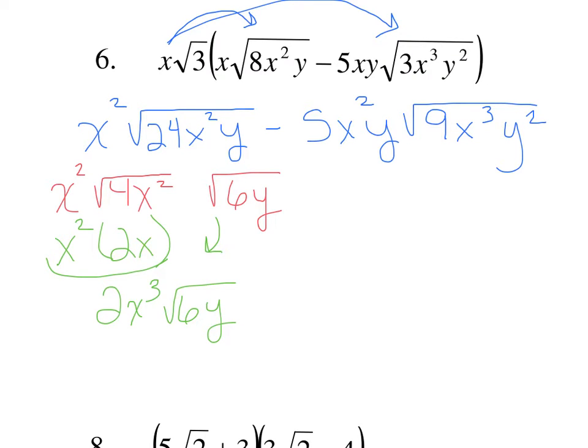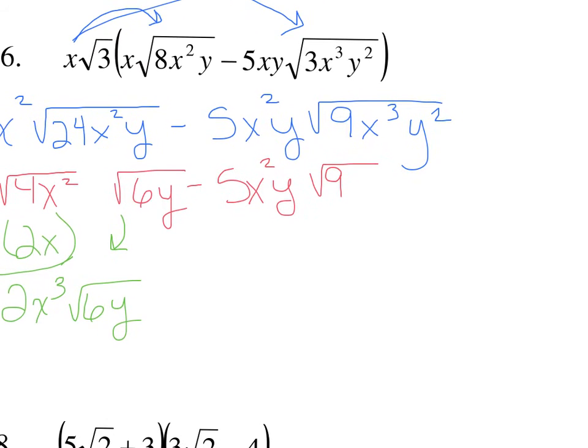And we're going to do the same thing with this term over here. So we have 5x squared y. 9 is a perfect square, so we'll leave it there in the perfects. X cubed can be broken down to be x squared and 1 extra, and the y squared is also perfect.